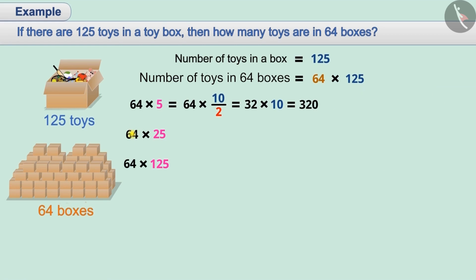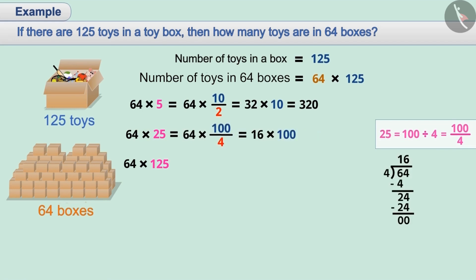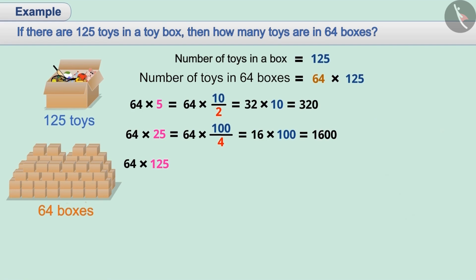Similarly, in order to solve 64 multiplied by 25, we can replace 25 by 100 by 4 and solve it very easily. By solving this, we get 1600. Now, in the given example, how will you multiply 64 by 125? 125 is equal to 1000 by 8.